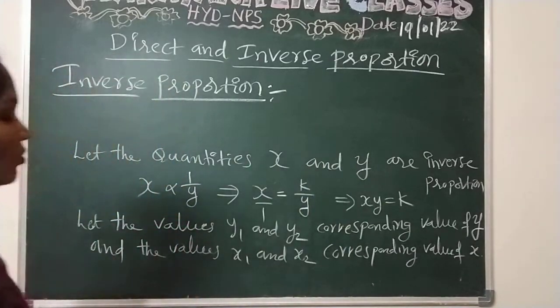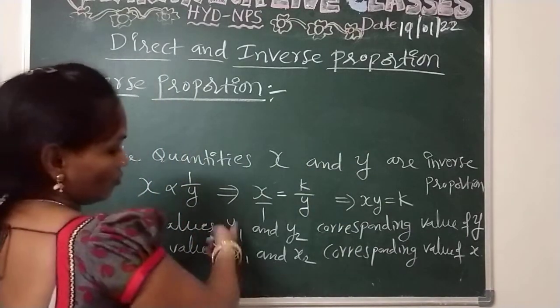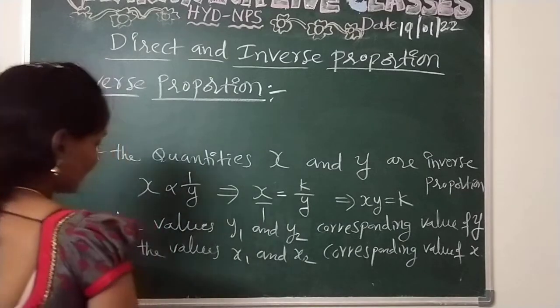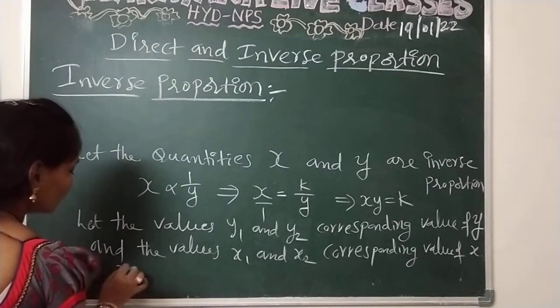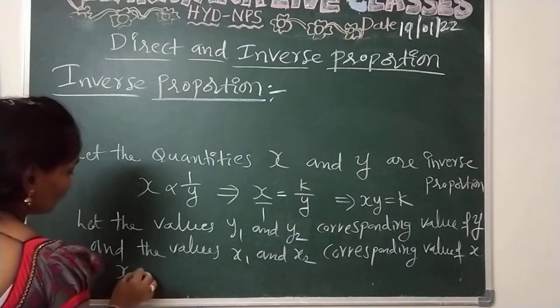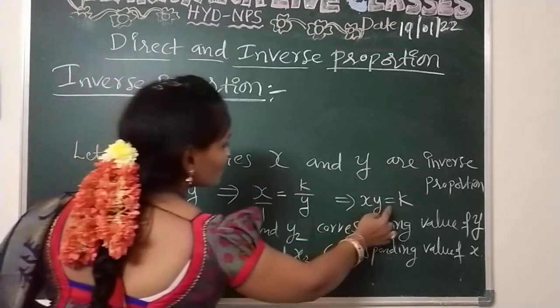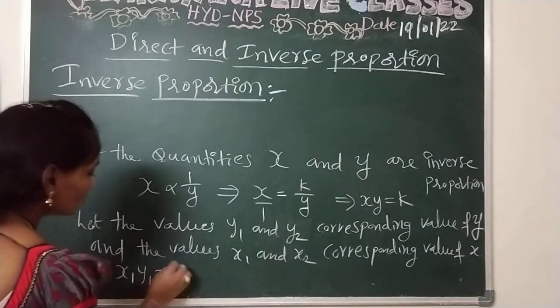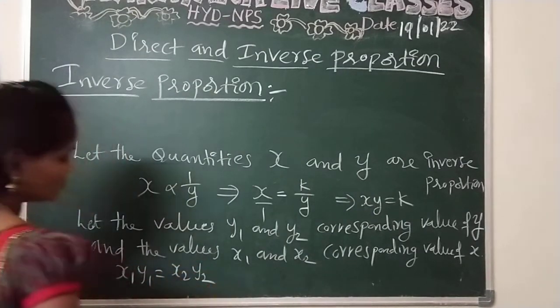Now, if these two quantities are in inverse proportion, then we can write the formula. Since xy is equal to k, here x1 y1 is equal to x2 y2.